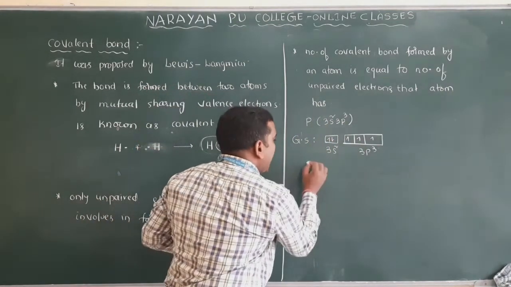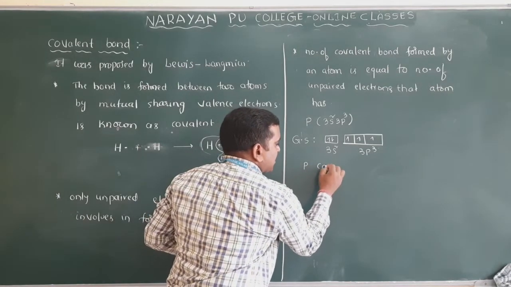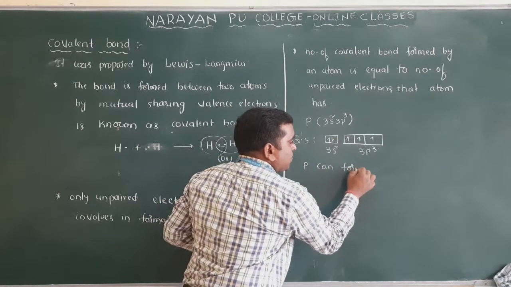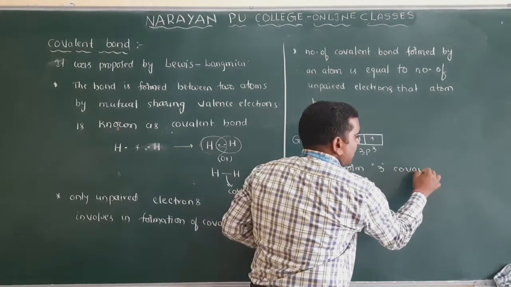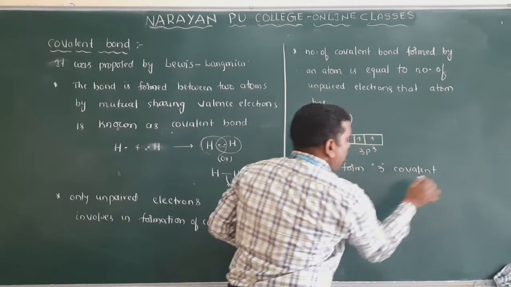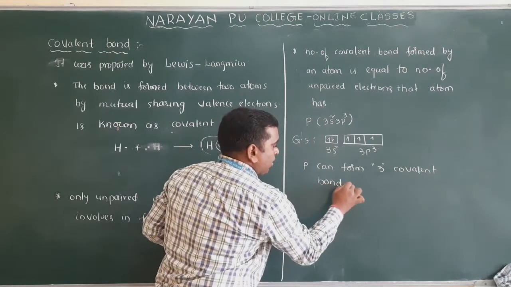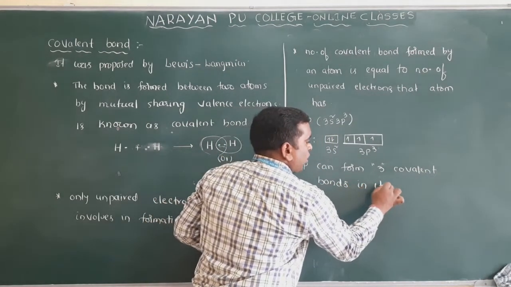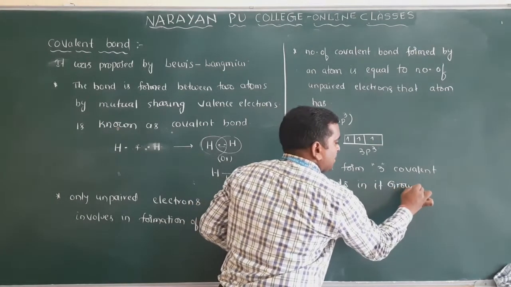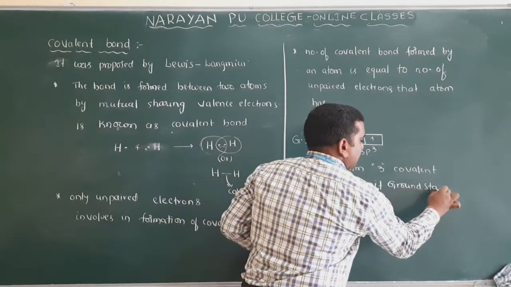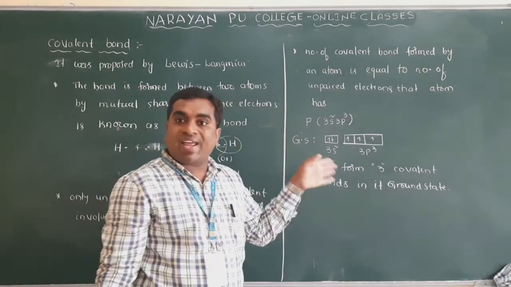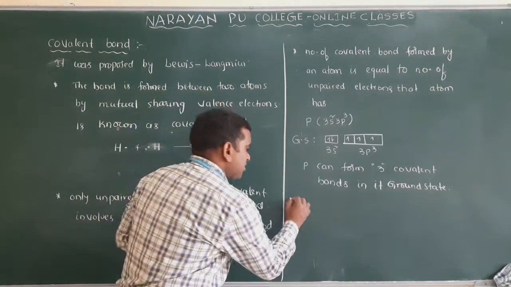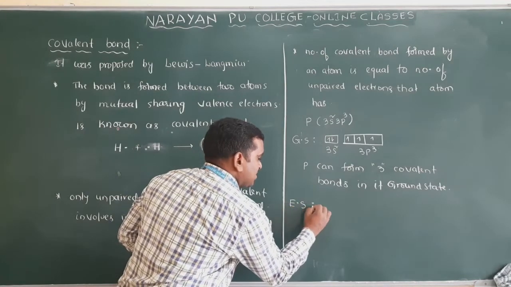So phosphorus can form 3 covalent bonds in its ground state. And what if we consider the excited state instead? This is the excited state. Clear?